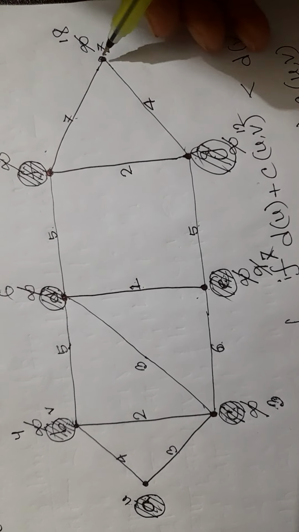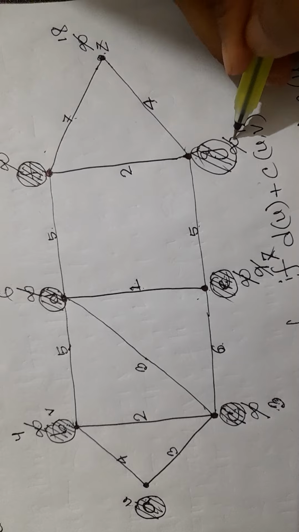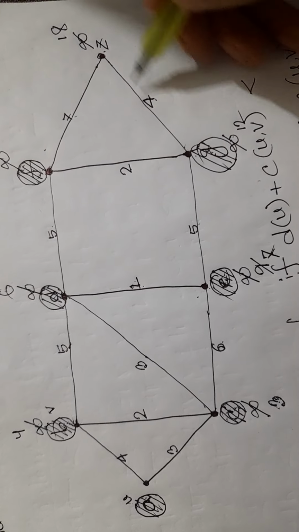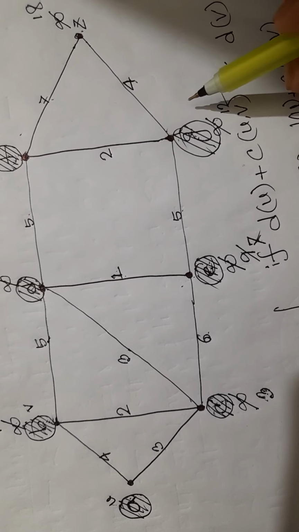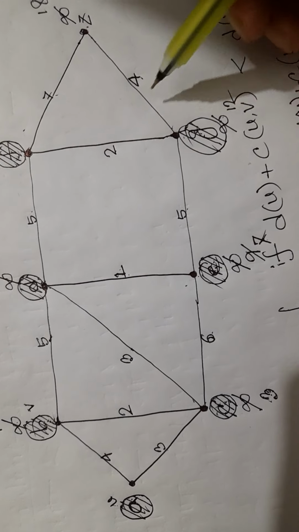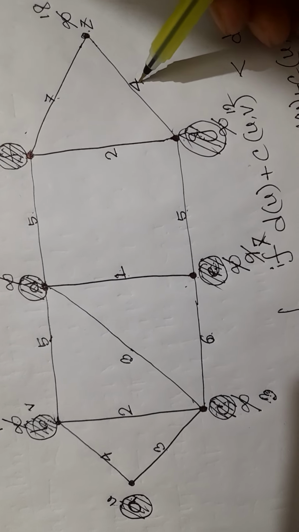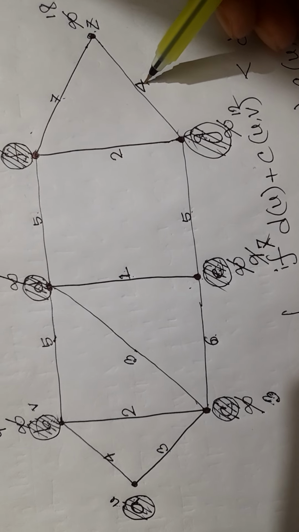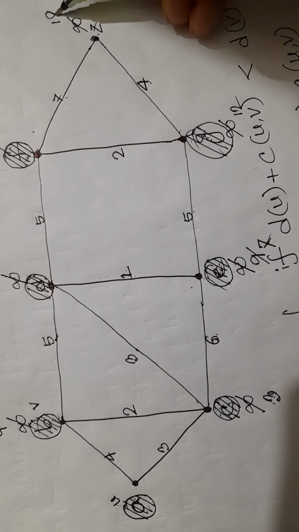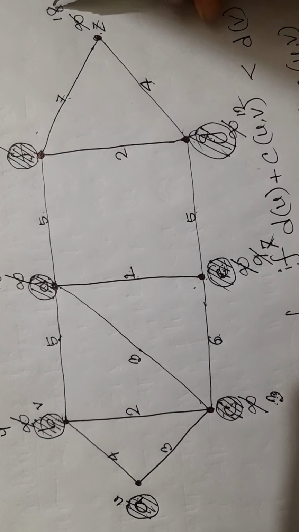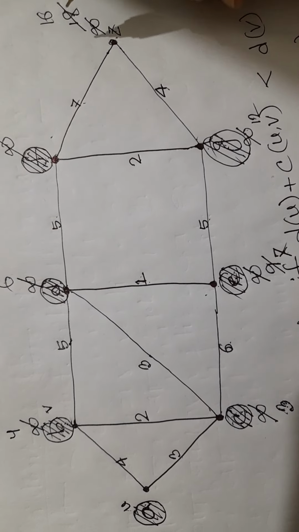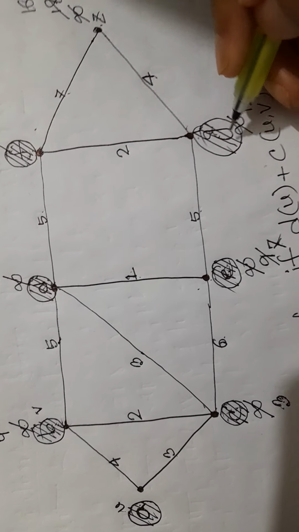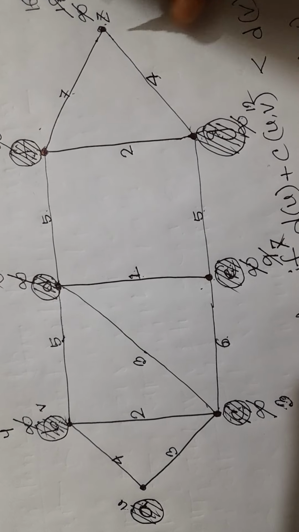The cost of G to Z equals 4. So 12 plus 4 equals 16, which is less than 18. So the distance of Z is updated to 16. Okay, now G is completed.